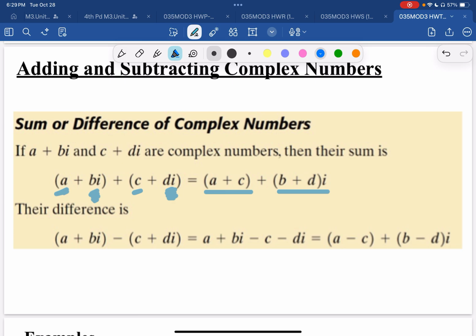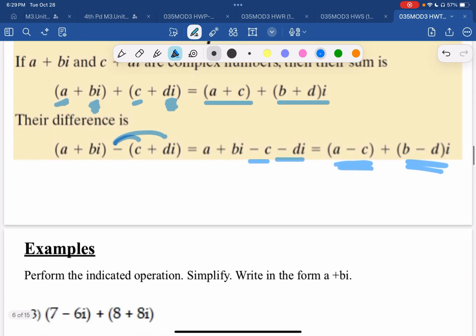The same thing goes with the difference. When we subtract, the first thing we want to make sure we do is distribute that negative. So we're going to start by making sure that we change both signs, and then we'll combine our real parts and our imaginary parts. So let's look at some examples.